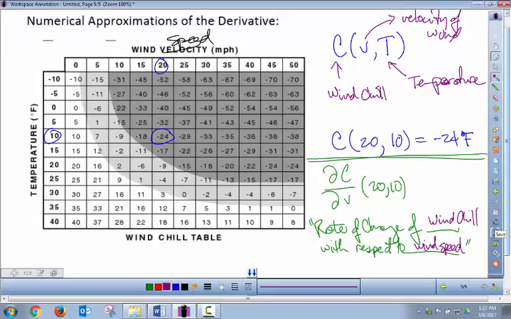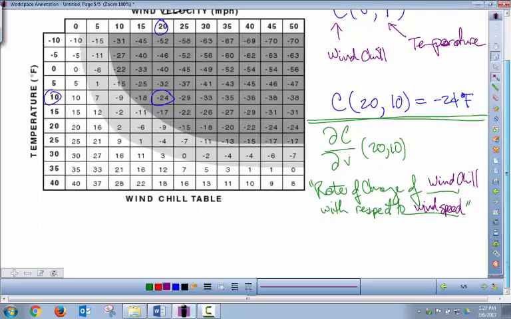But we're still going to keep V. V for speed. V for wind. So we have this piece of information. We're not going to find the exact rate of change, but we can find an estimate for the rate of change, like how this is going to change.